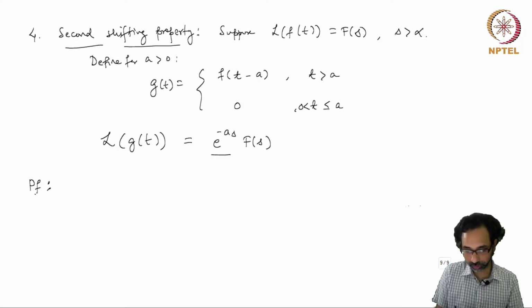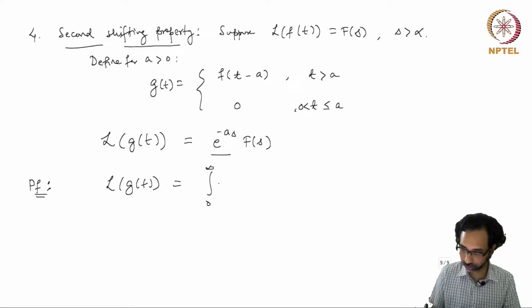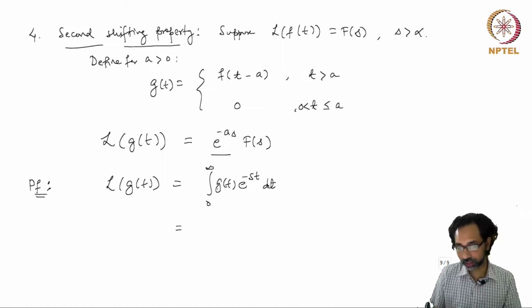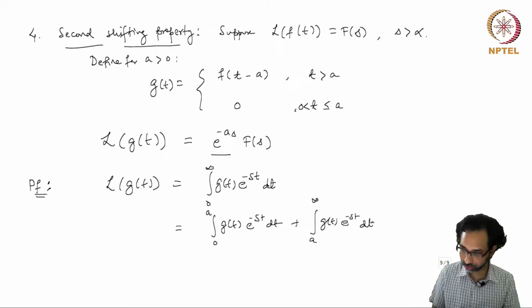So let us again try to prove this second shifting property. I want to show that the Laplace transform of g(t) is exponential minus as times F(s). We can simply write out the definition of the Laplace transform of g(t), but we can now break this integral, which is from 0 to infinity, in two regions: from 0 to a, g(t) exponential minus st dt, plus a to infinity, g(t) exponential minus st dt.